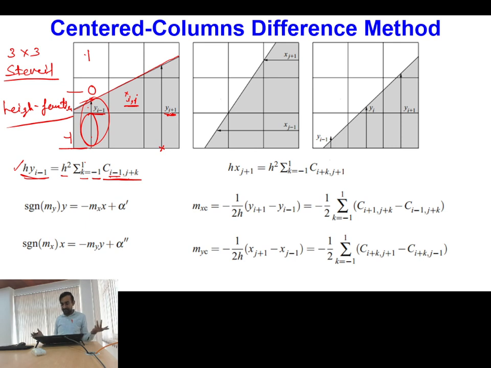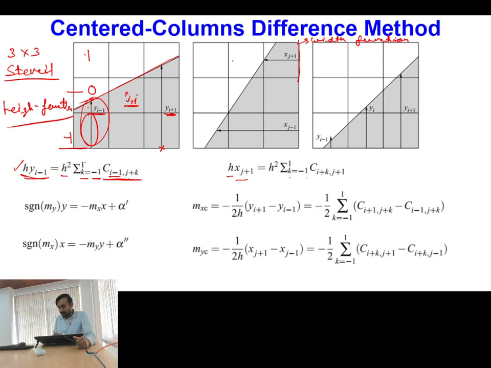Now the second way of representing the interface is that instead of representing from this bottom boundary, rather than the height function, I can use the width function. When I use the width function, I am considering that my reference boundary is the rightmost boundary of the stencil. With this reference boundary, if I have to calculate the value of x_{j plus 1}, then it will be h times the sum of c, h square, with k varying from minus 1 to 1.